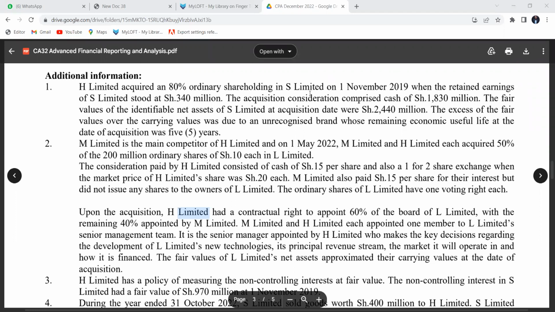So the fair value of L Limited's net assets is approximated. So for now, up to what I've read, is L still a joint venture to H, according to the circumstances which I mentioned?